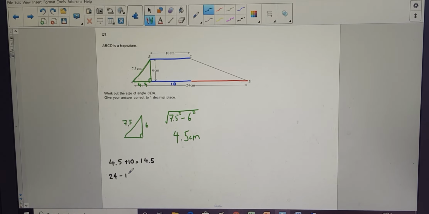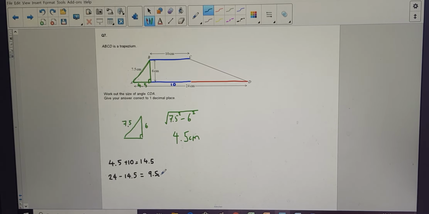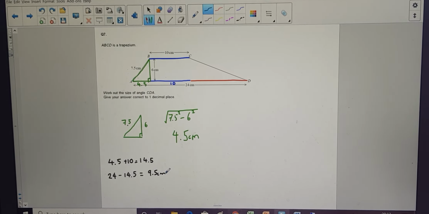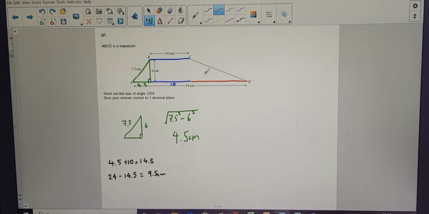Take away 14.5 is going to give me 9.5 centimeters. Hopefully that makes sense. We can see 4.5, 10, that means this length across the bottom is 9.5.